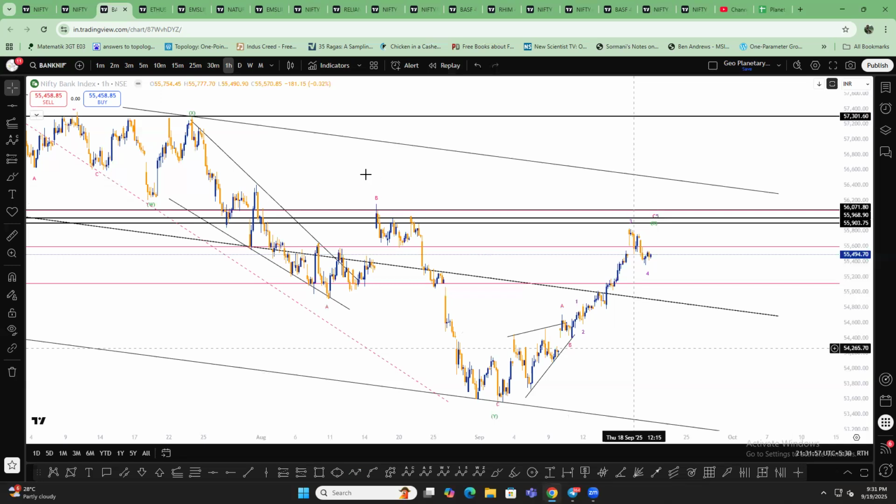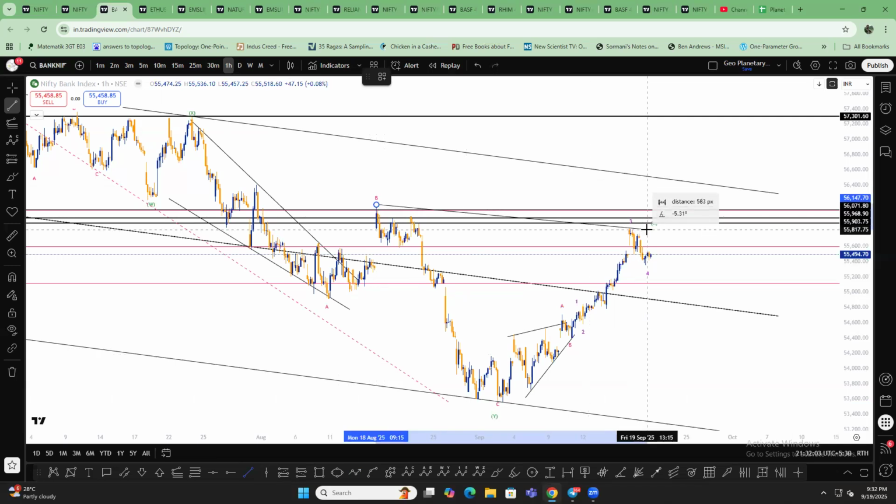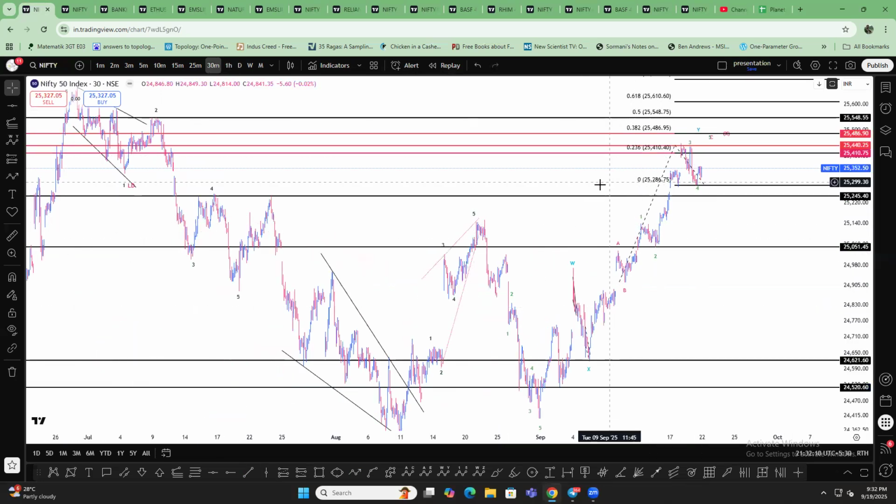Fine, but see, Bank Nifty hasn't broken the previous high. See, this high is not taken out, but Nifty has taken out this high, right? So this is called an intermarket divergence, which is still there between the markets. In this case, the market creates a trend which synchronizes both the indexes.